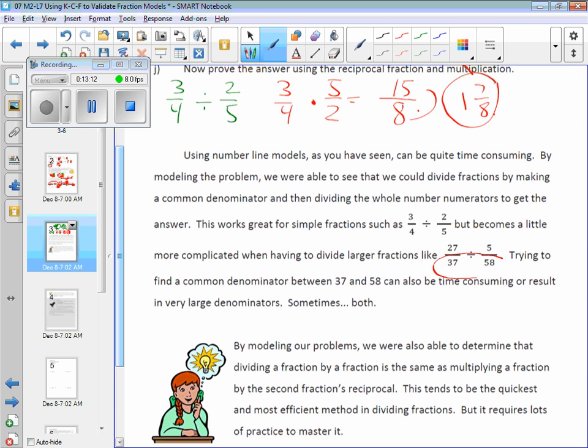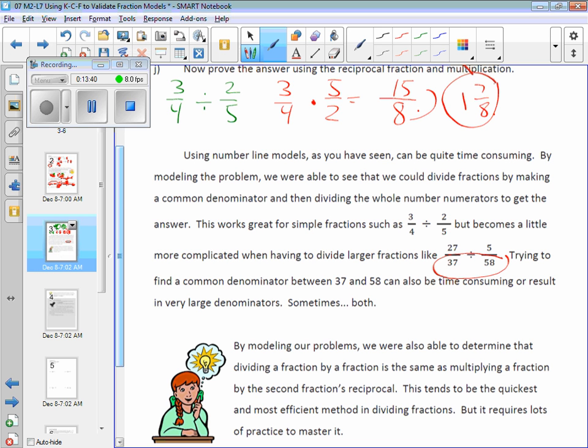Can you try to figure out what a common denominator is between 37 and 58? It would take a while, wouldn't it? You could always multiply it together, but then you're dealing with really, really large numbers, and that can be time-consuming. And then having to then leap and make fractions and make a number line 250 lines long, it's not exactly worth your time, right?